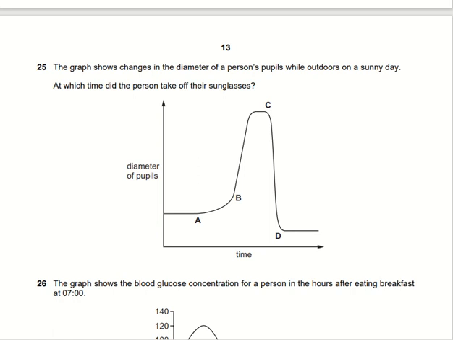But when the sunlight is reduced and the day is going towards sunset, at that particular point the person can take off his glasses. So we can say that option C is showing that particular point.